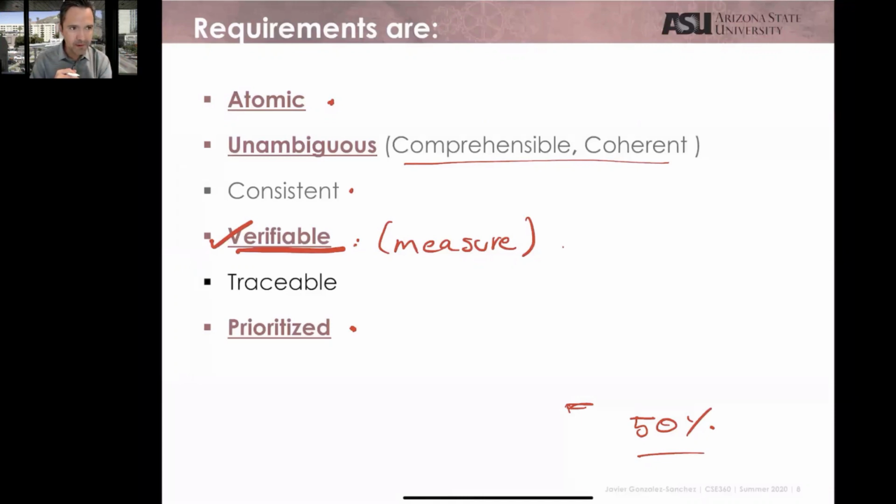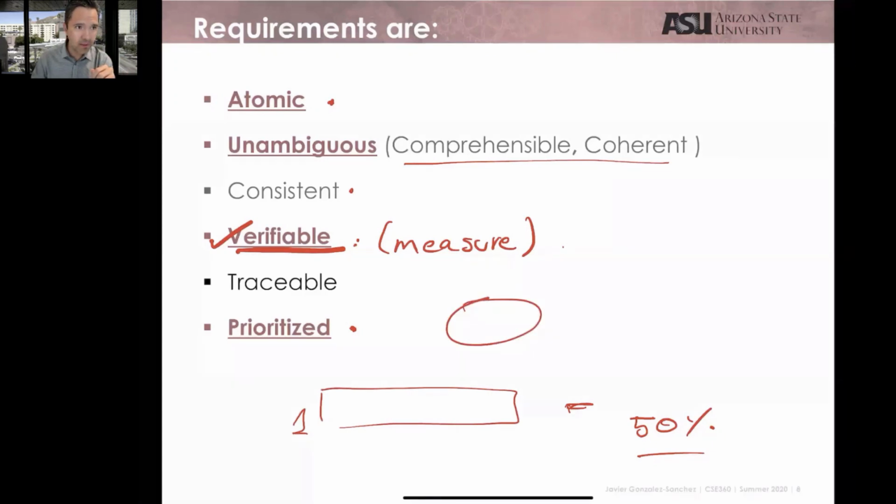Makes sense? So at this point, you create some user stories. A user story, this is "as a... I want to...", is one requirement. You create use case diagrams. Each oval is one requirement.